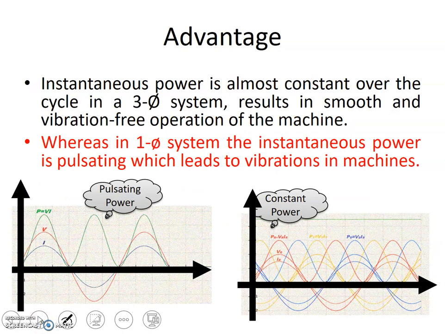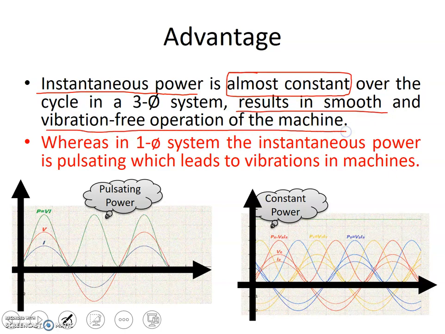Now, let's talk about the power. The instantaneous power associated with a three-phase system is almost constant over a cycle, and it results in a smooth and vibration-free operation of the machines which are connected to the three-phase supply.